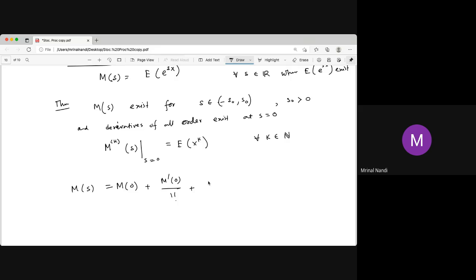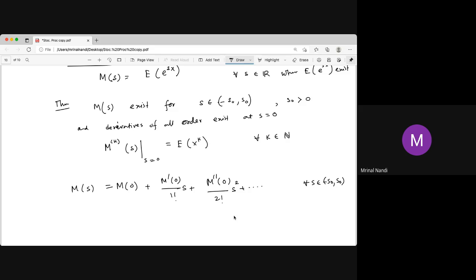If all order derivatives exist around 0, then this Taylor-Maclaurin series is actually equal to the function for all s in that interval (-s0, s0). It may not be true for any s.